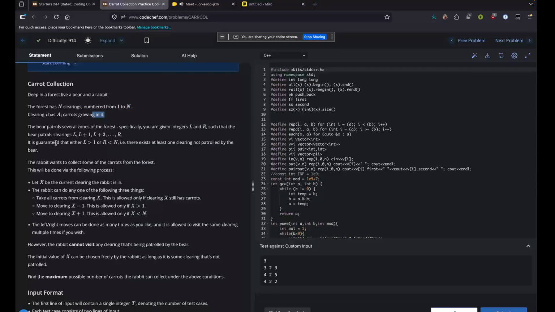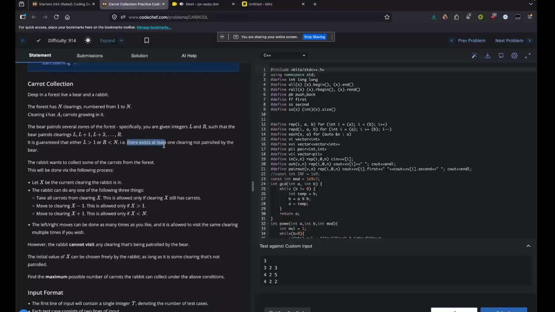The bear patrols several zones of the forest; you are given integers L and R such that the bear patrols clearings between L and R. It is guaranteed that either L is greater than 1 or R is less than N.